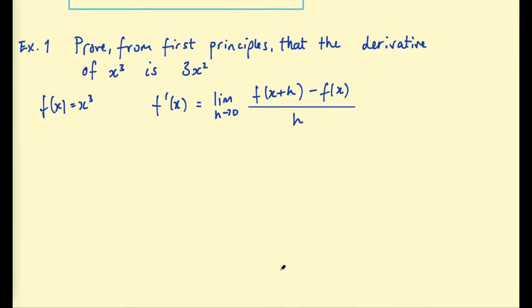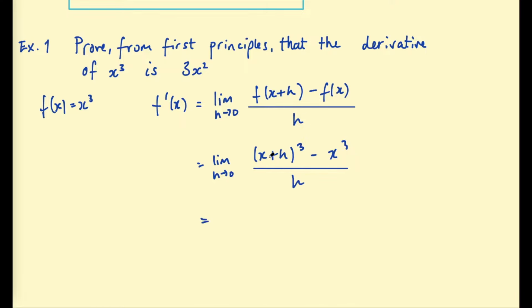Okay, so now when we look at each part of this formula, we've got f of x plus h. That input is now x plus h, so we want to plug that into f of x and plug that into the formula. So we've got the limit as h approaches 0 of f of x plus h, so we're going to have x plus h cubed, take f of x, which is just x cubed, all over h.